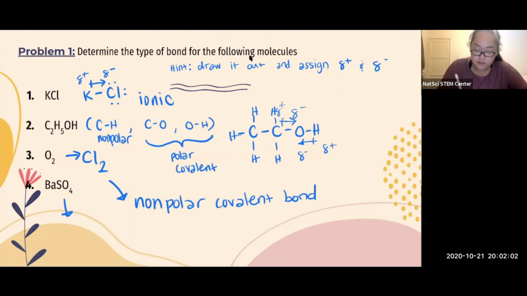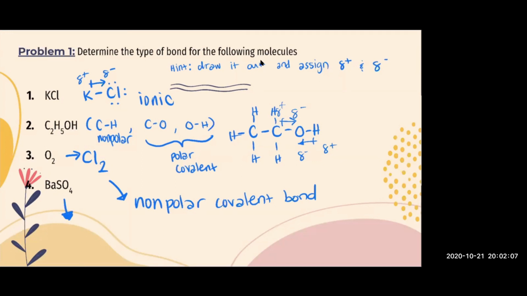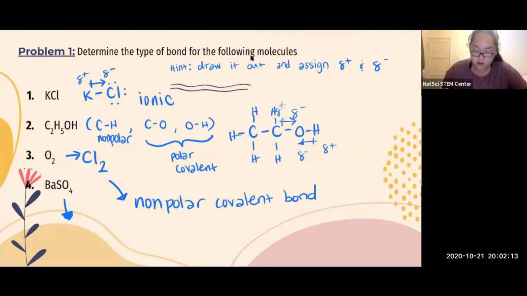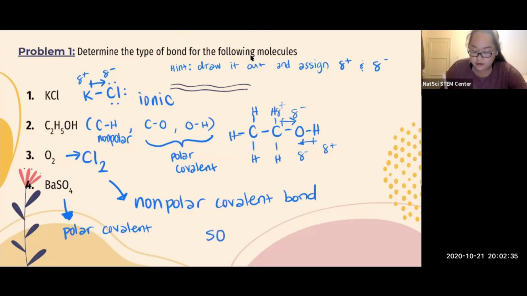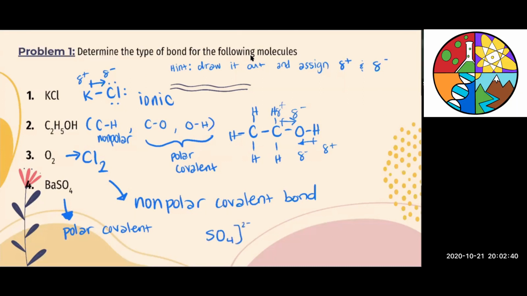So BaSO4, Haley, what did you get? Is it ionic? So BaSO4 is actually polar covalent. Okay, and between barium and the ion, I don't think so. Yeah, so SO4 is treated like an ion. It is an ion. So 2 minus charge.